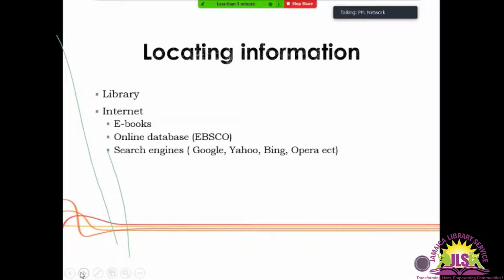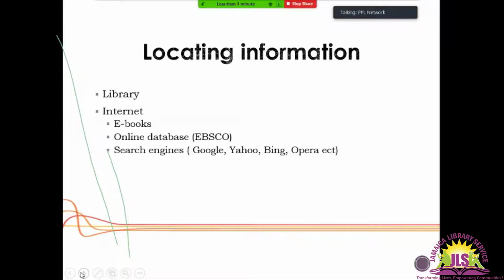You can also get access to our online database, which is EBSCOhost, and you have search engines like Google, Yahoo, Bing, Opera. But today you boys and girls will learn how to use KidRex, which is a safe search engine, and you won't run into any problems with getting material that is not age appropriate.